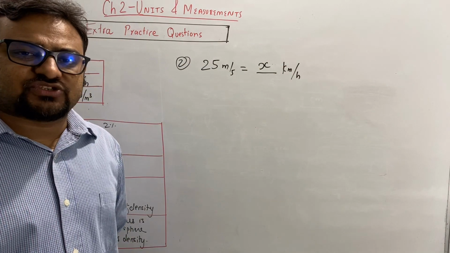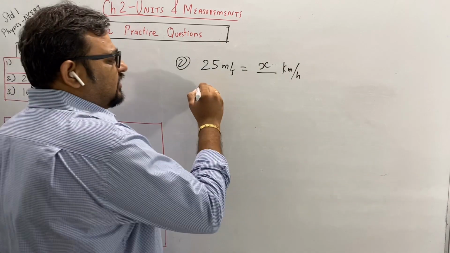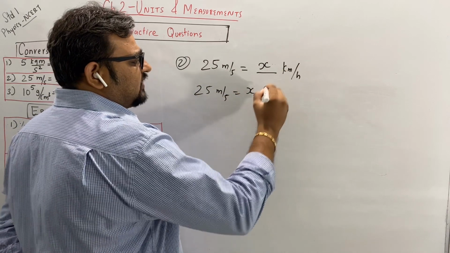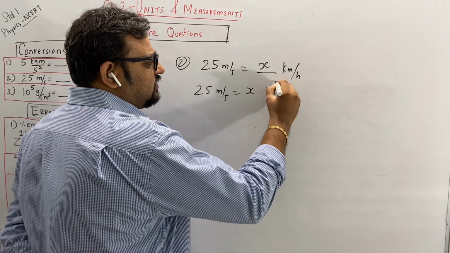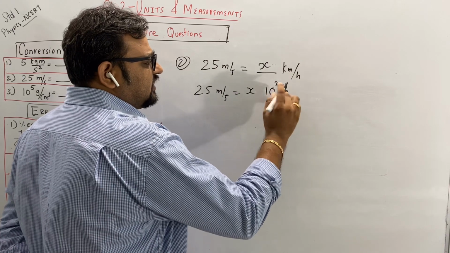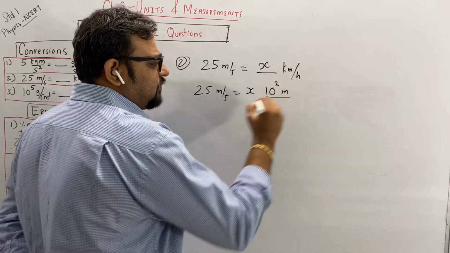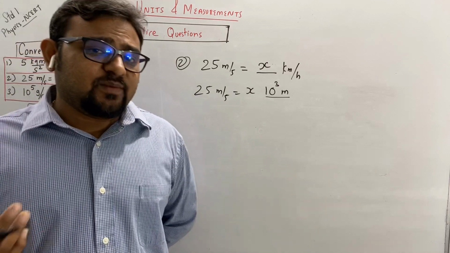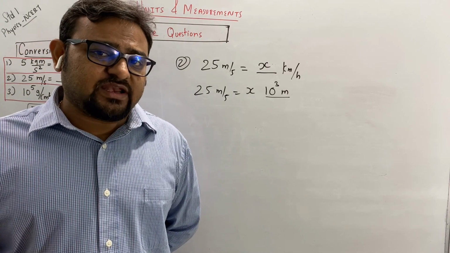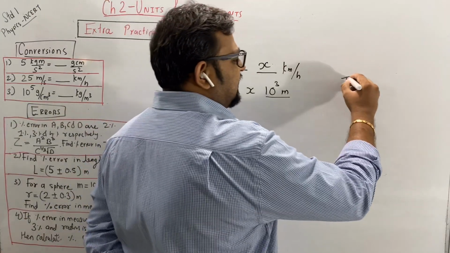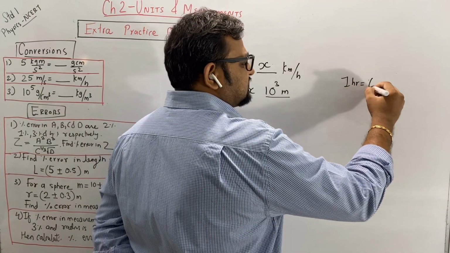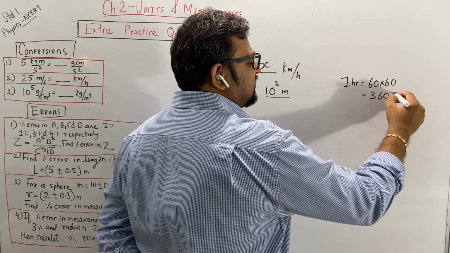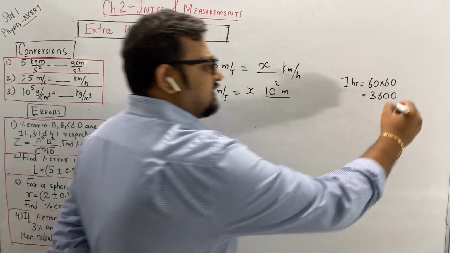Now our rule is to find x. 25 meter per second is x; 1 kilometer equals 1000 meter, 10 raised to 3 meter, upon hour. 1 hour equals how many minutes? 60 minutes. And 1 minute, 60 seconds. So I can write 1 hour, 60 minutes into 60 seconds, equals 3600 seconds.